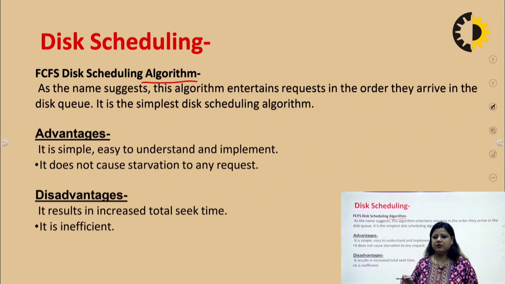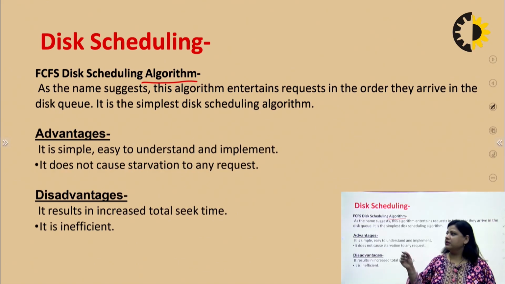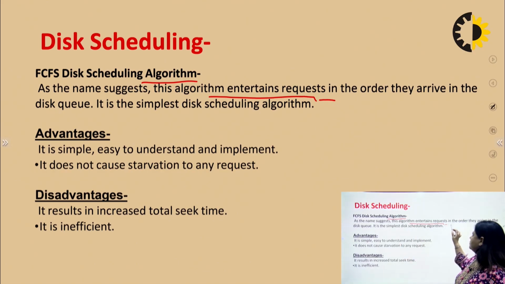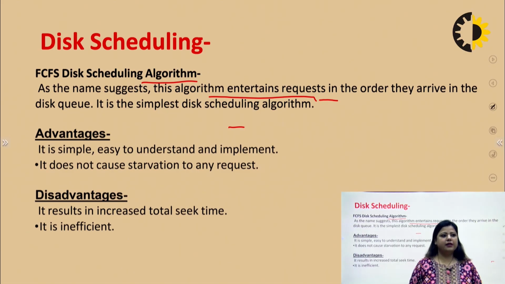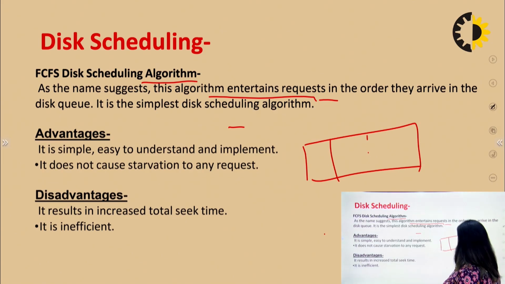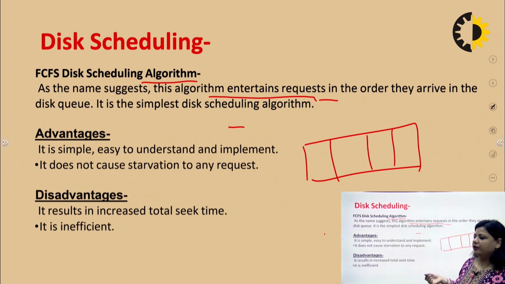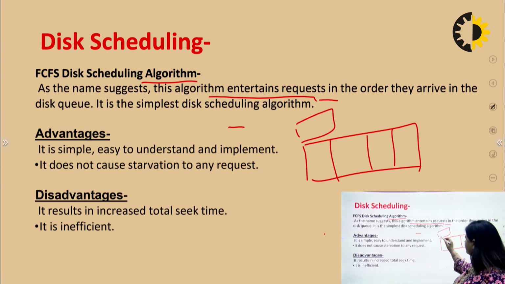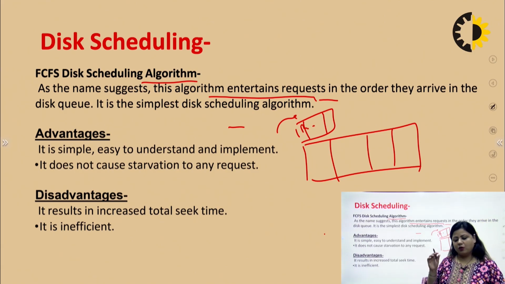First come first serve, FCFS, is also known as the FCFS disk scheduling algorithm. As the name suggests, this algorithm entertains requests in the order they arrive in the disk queue, or we can say requests are served in arrival order. In the CPU scheduling algorithm, I already explained that the process which enters first in the ready queue is executed first.